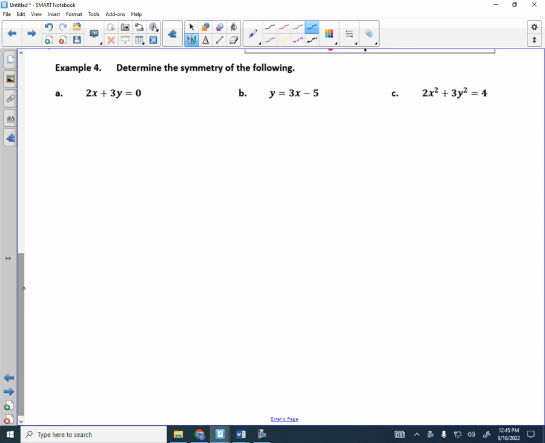Okay. So we want to determine whether or not these are symmetrical. So I'm going to test the x-axis. What do we do to test the x-axis? So it's 2x, and then it will be a minus 3y is equal to 0. Is that the same? No. So it's not symmetrical about the x-axis.